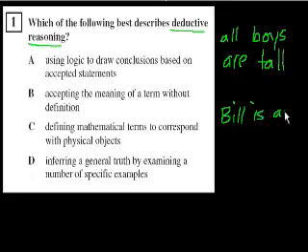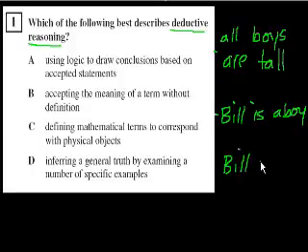So if these two statements are true, what can you deduce? Well, Bill is a boy and all boys are tall, then Bill must be tall.